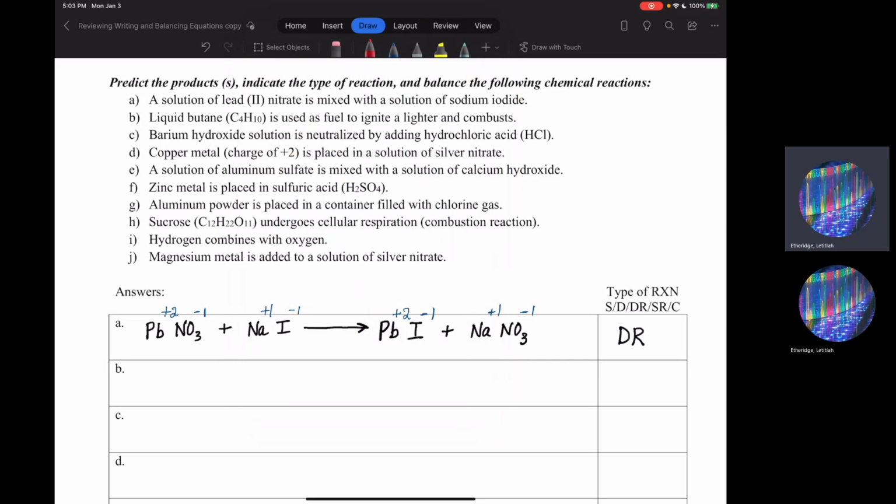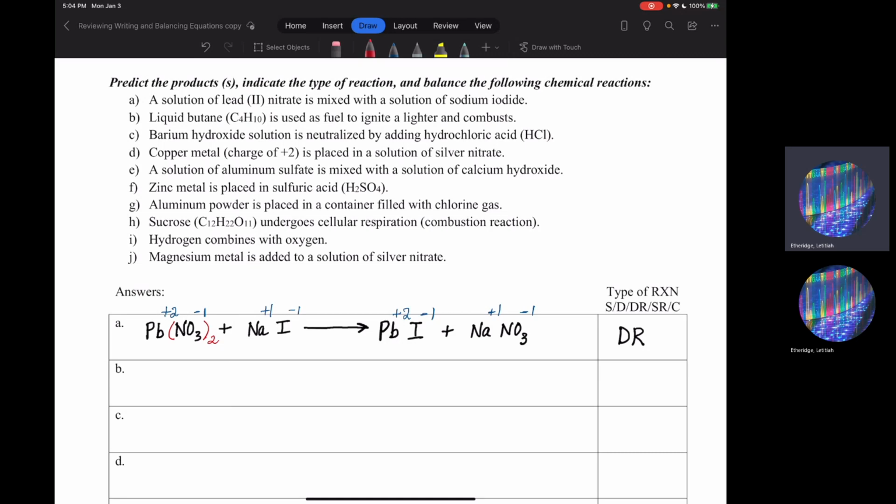Remember, you're going to cross the numbers, not the charges. So if we need the correct formula for lead 2 nitrate, it ends up being Pb, NO3, 2. Put the parentheses around it because it's a polyatomic ion, and you want to make sure that you are telling me that you need 2 polyatomic ions of nitrates. And to do that, you have to put parentheses.